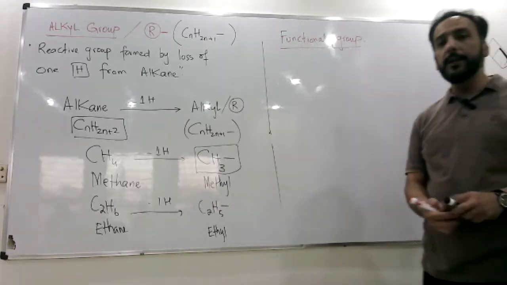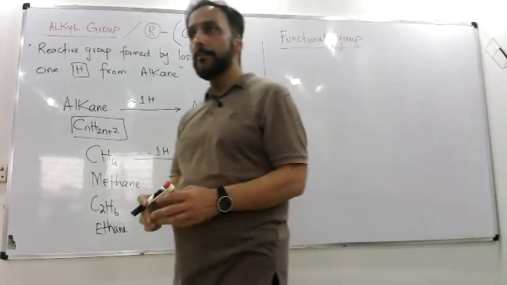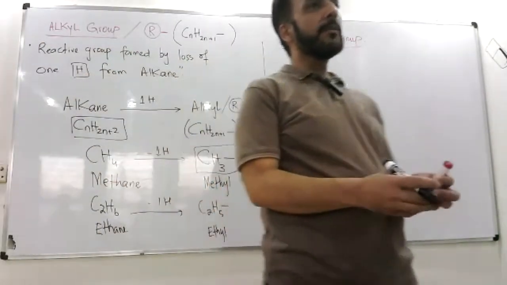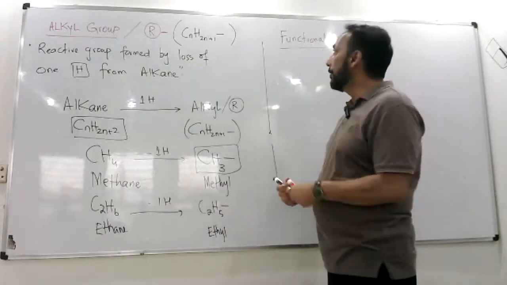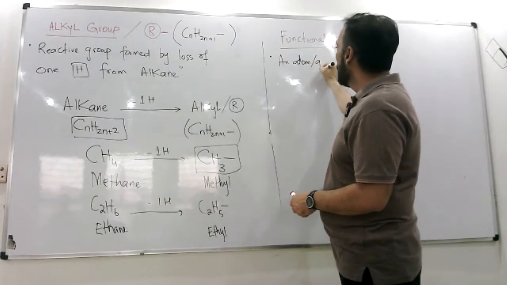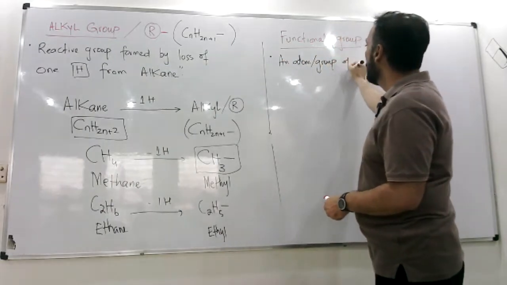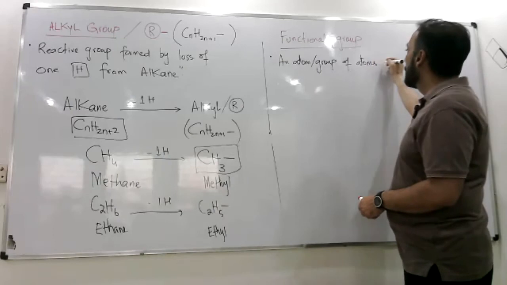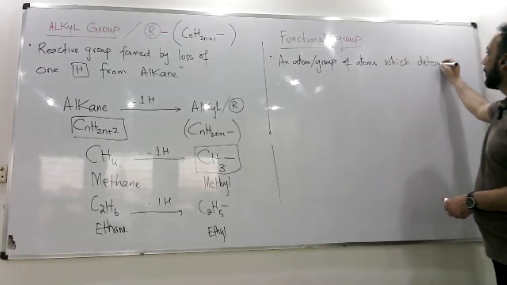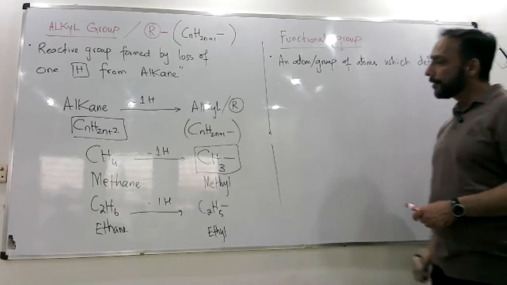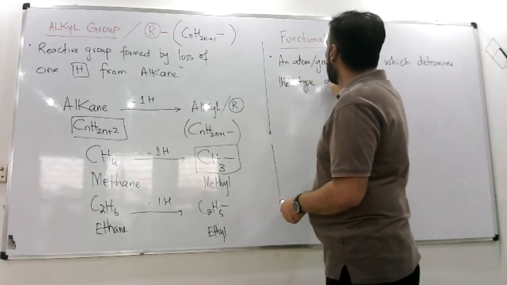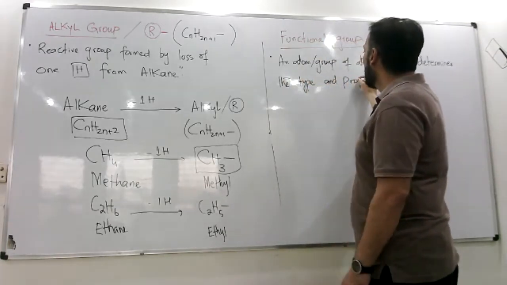A functional group's definition: it could be one atom or a group of atoms, which determines the type and properties of an organic compound.